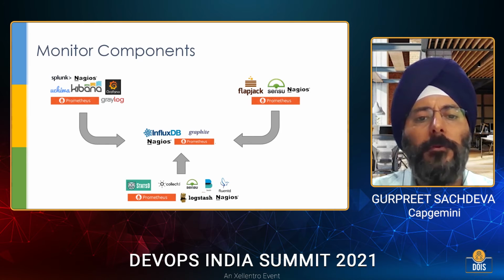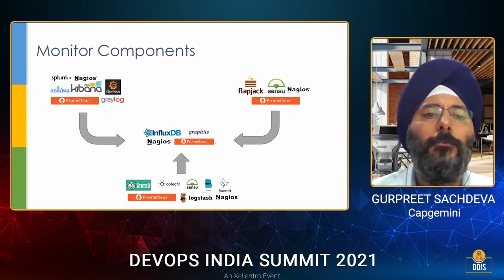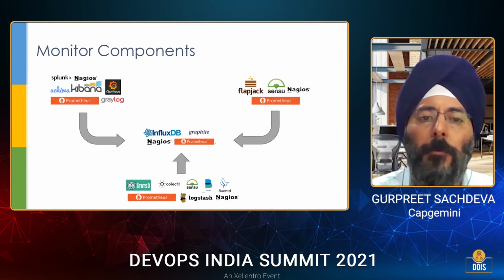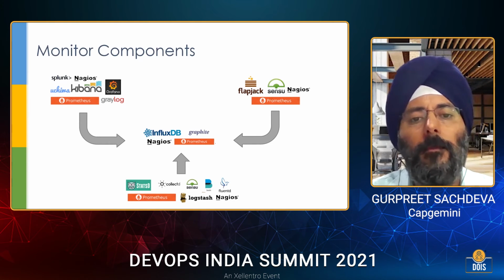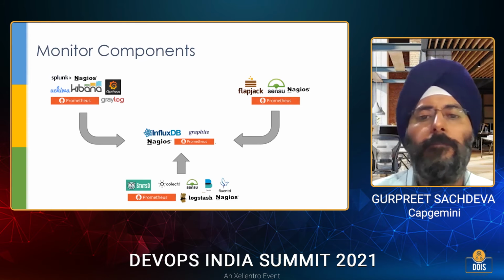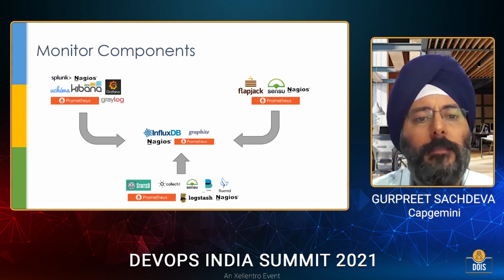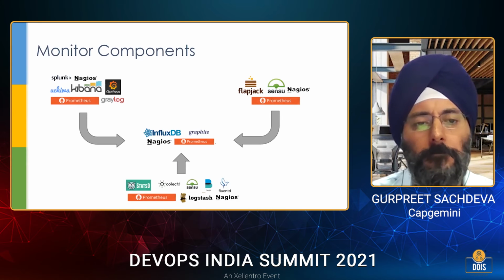Grafana provides comprehensive dashboards on top of the collected data. Similarly, Kibana can be used for creating log dashboards on top of Elasticsearch. Sensu, Nagios, or Flapjack can be used for alerting different clients in case there are any anomalies.